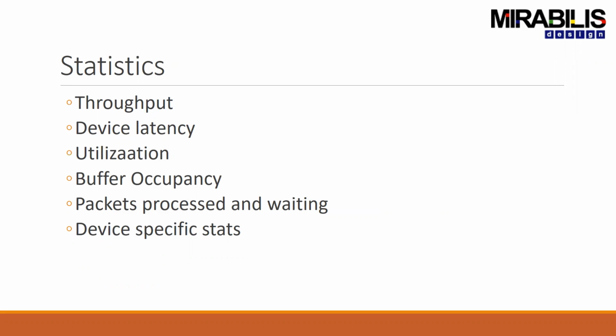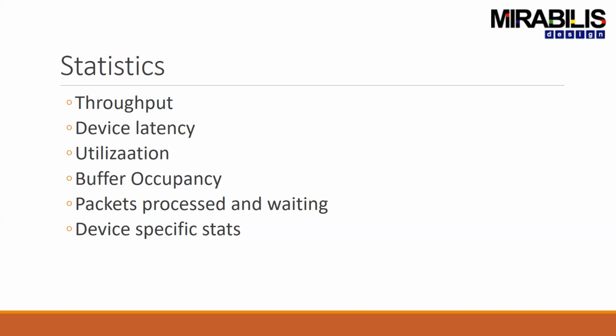If some queues have buffers, it will show, at the time of printing the statistics, how many packets are in the buffer, like in the input queue, and how many packets are processed, like how many packets entered the particular block and how many were returned or processed by the device.